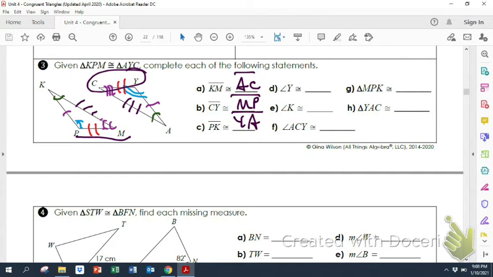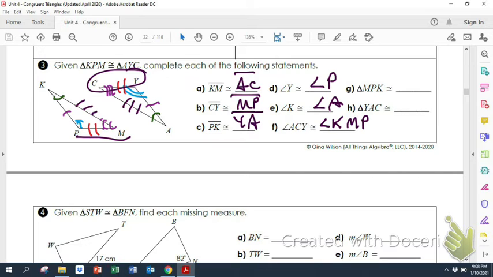Then if I do my angles, angle Y corresponds to angle P, because I already labeled that. Angle K corresponds to angle A. And finally, angle ACY corresponds to angle KMP.